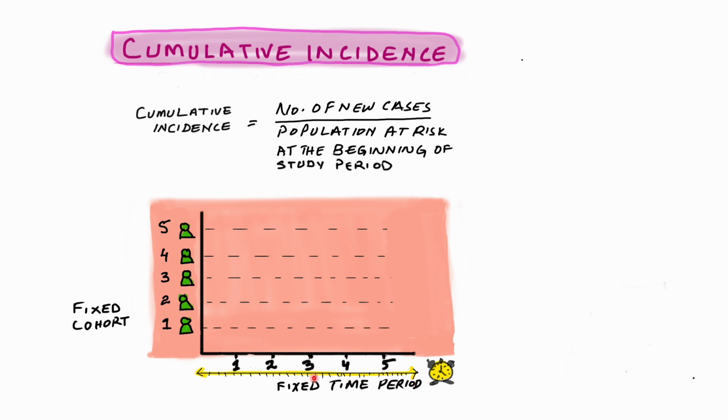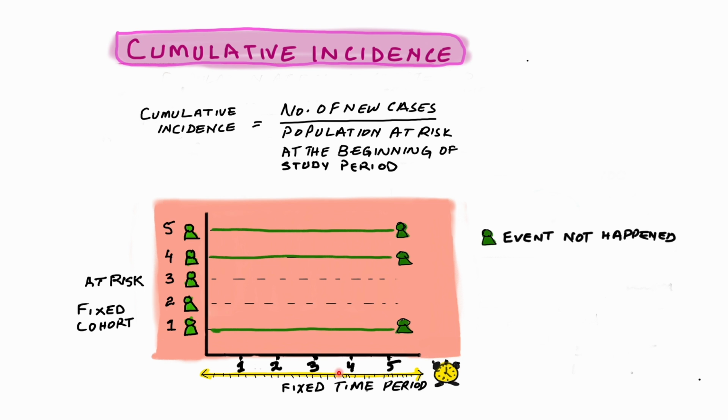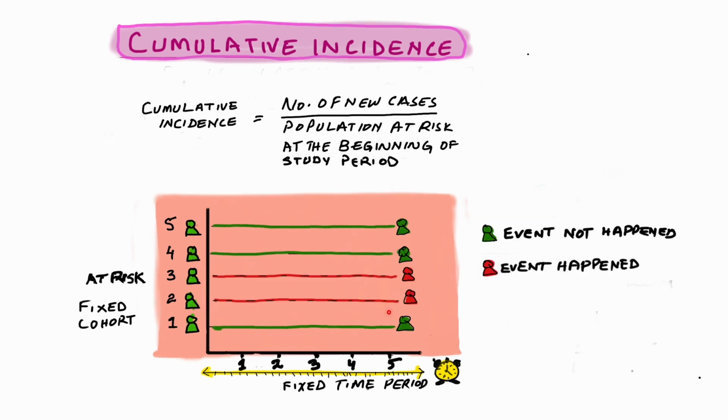We follow them for 5 days to determine how many develop a nosocomial infection, which is a hospital-acquired infection, and our event of interest. The population is fixed, consisting of 5 individuals, and the follow-up period is also fixed at 5 days. Suppose these 3 individuals remain healthy throughout the study period, while these 2 develop a nosocomial infection.